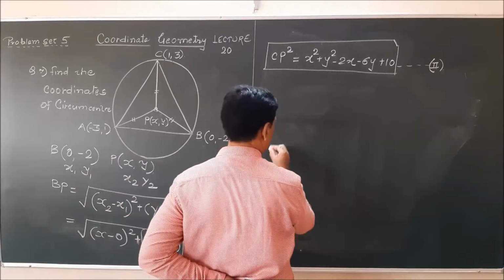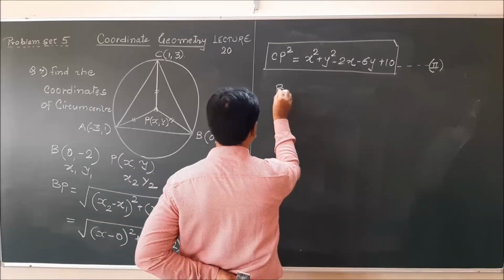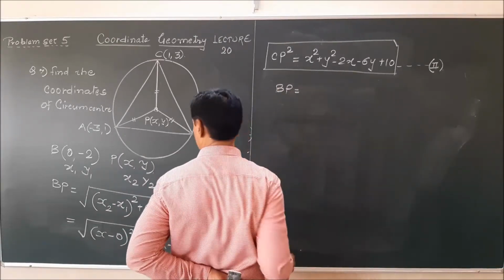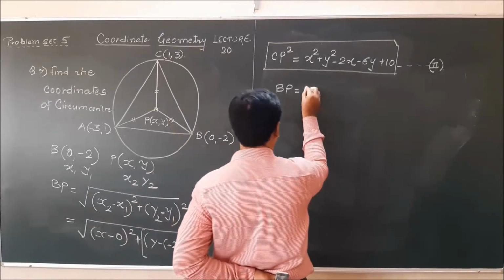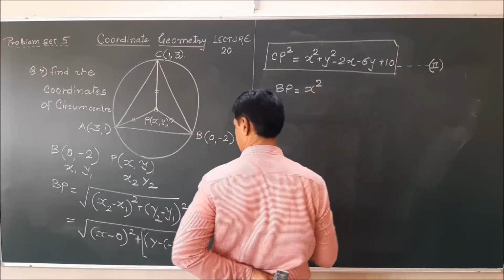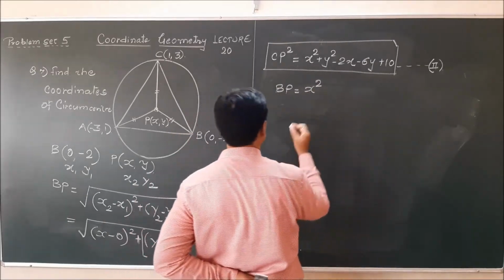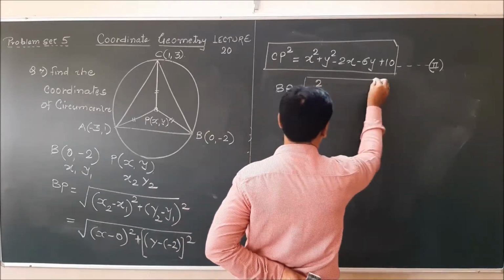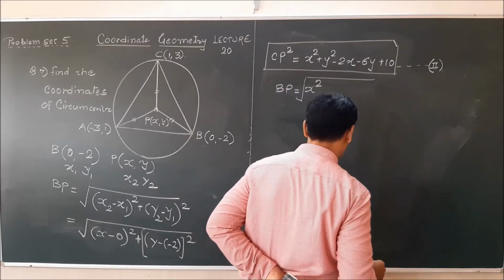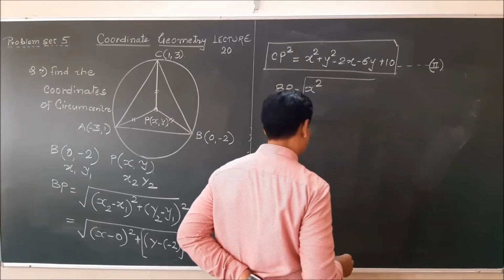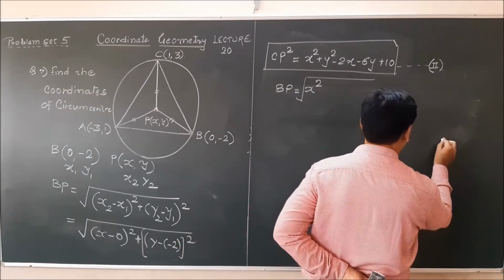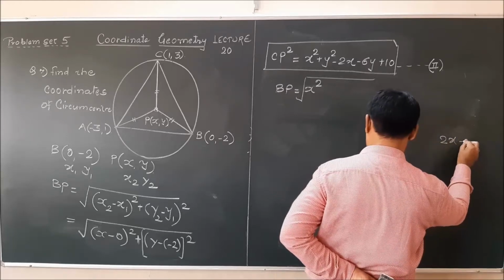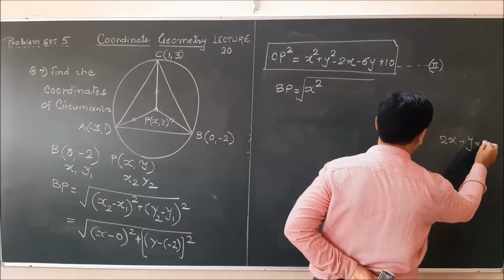BP is equal to x square plus y plus 2. Okay. BP is equal to x square. I think I got 2x plus y is equal to 0.